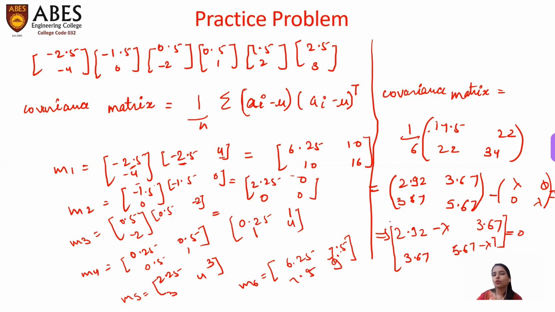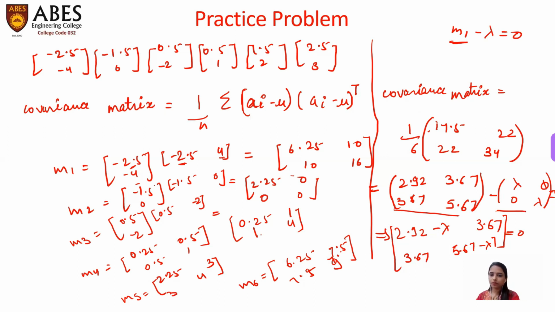So basically, for the calculation of the eigenvector and eigenvalue, we have the formula like this: the determinant of the covariance matrix M minus the lambda matrix equals 0. So we write the covariance matrix here, minus the lambda matrix, equals 0.